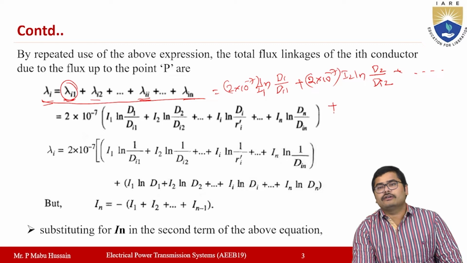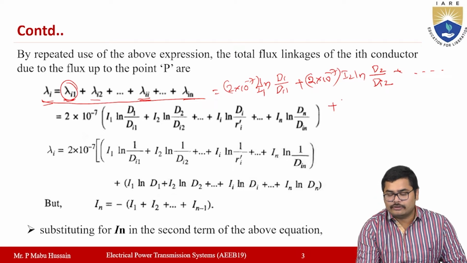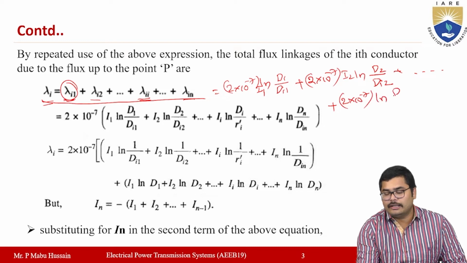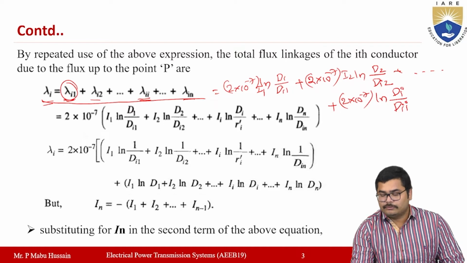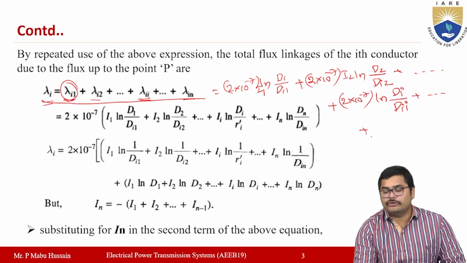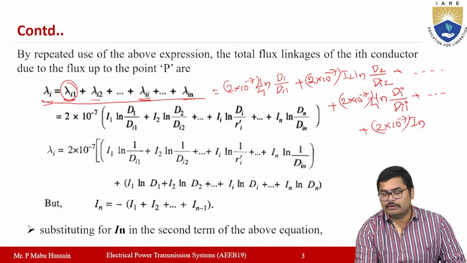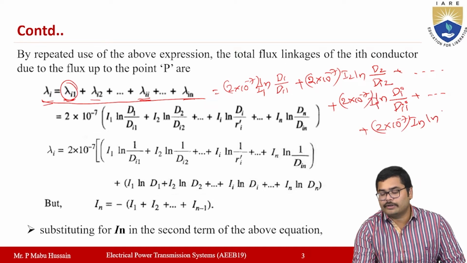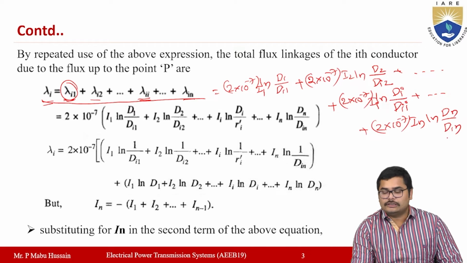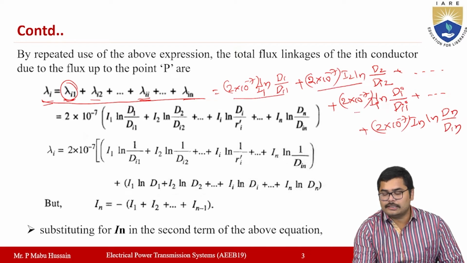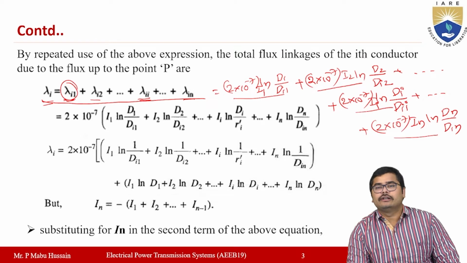If you take the current flowing in the same conductor, then this will be 2 into 10 power minus 7 I_i ln di by dii, plus so on. Due to current flowing in the nth conductor, the flux linkages will be 2 into 10 power minus 7 I_n ln dn by din. So this is the flux linkages of the ith conductor due to different currents.